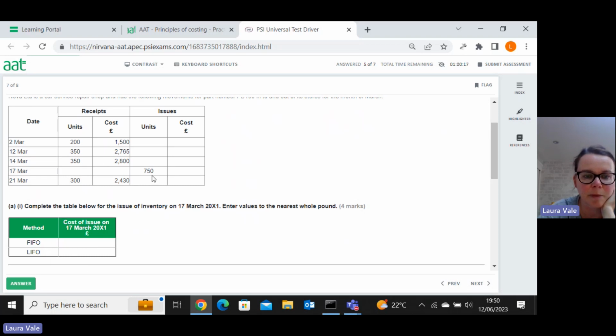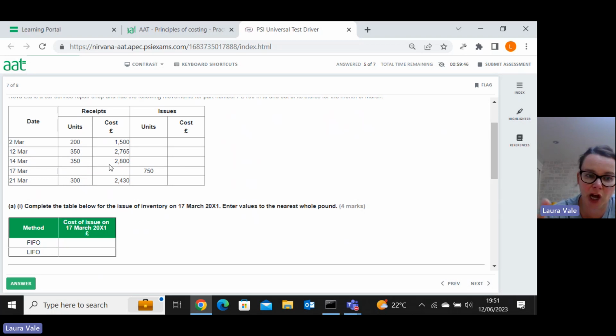Right, so when I'm using FIFO, this 750 will be all of those 200s, all of those 350, and then I'll need 150 out of this 14th of March batch. So what I need to do, I'm going to start with that bit and then sort of add on. So I'm going to work out how much each individual unit is.